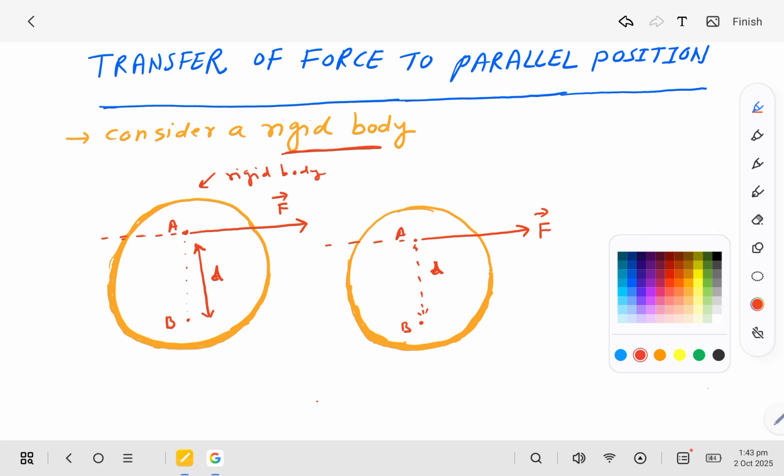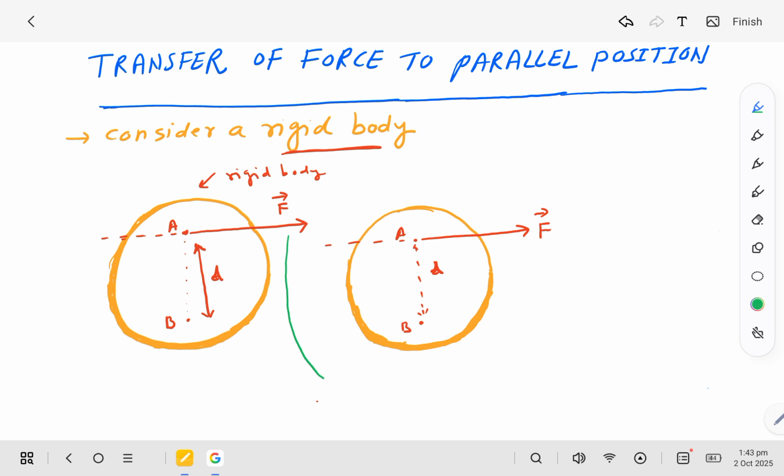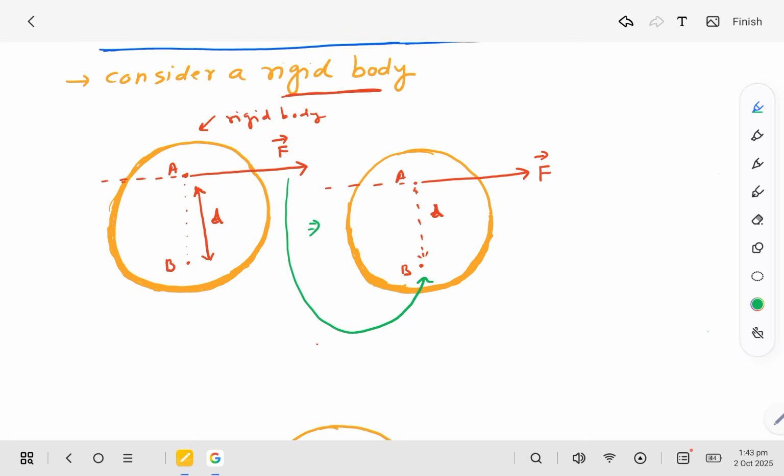Now we want to transfer this force from point A to point B. Then what can we do?